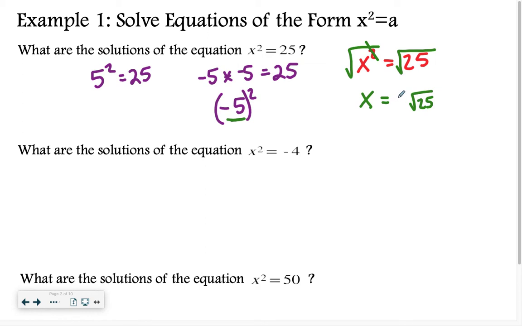It's called plus minus. It's a plus sign and a minus sign. And what that means is the answer can be a positive 5 or a negative 5. That's a faster way of writing x equals 5, x equals negative 5.